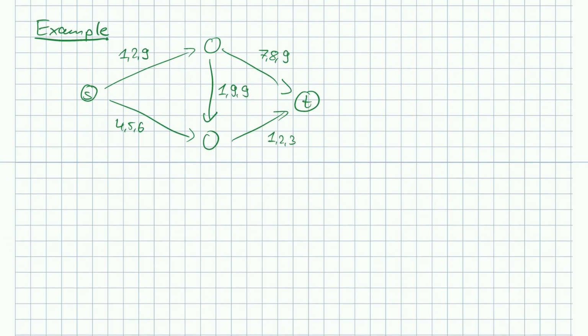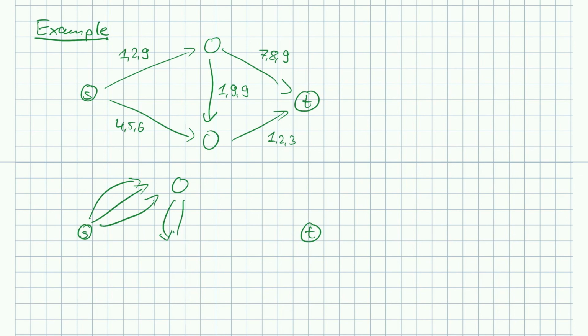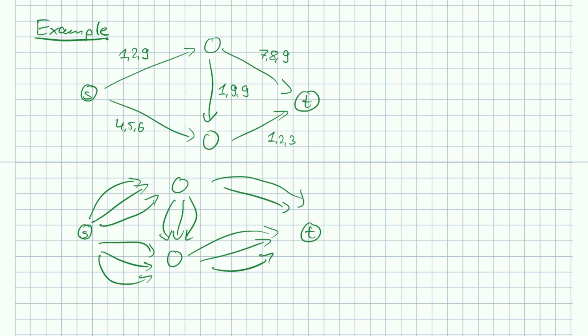And we now translate this into the following graph. This was a game of 3 players that we had here. So we now have 3 copies of every edge. And now we just write down all the numbers that we had here.